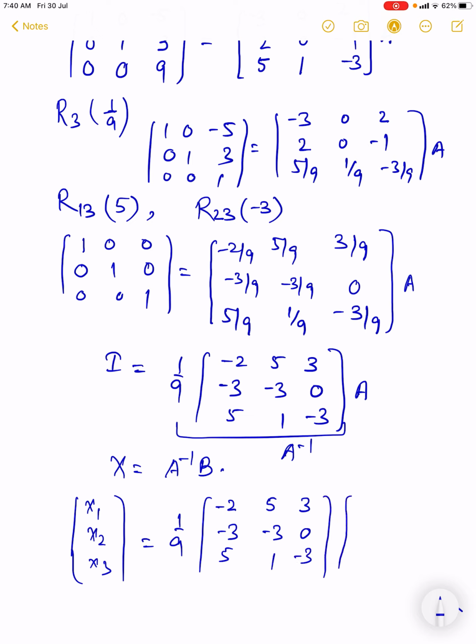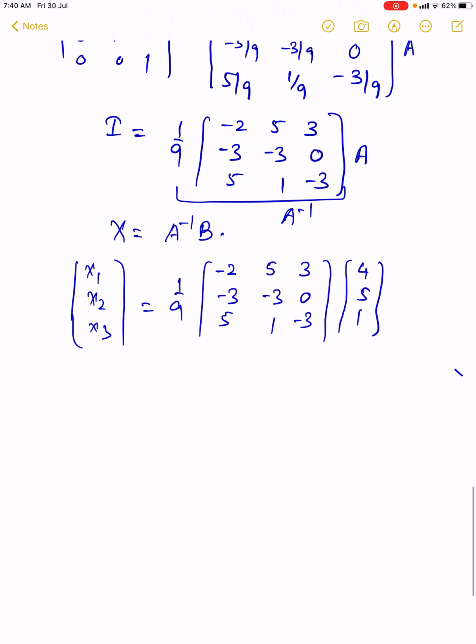B is 4, 5, 1. You can multiply and find 1 by 9 here. This is minus 8 plus 25 plus 3.